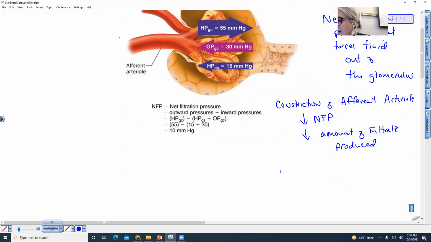If we dilate the afferent arteriole, then more blood is going to flow into the capillaries, and because more blood is coming in, it's going to be higher pressure. And so then we're going to increase NFP, and we're going to increase filtrate production.